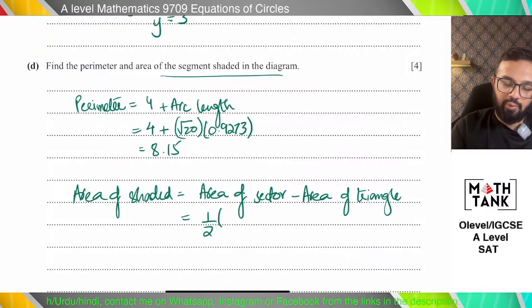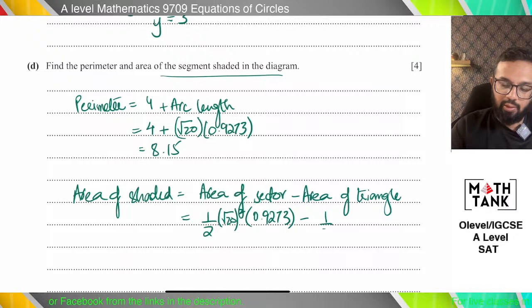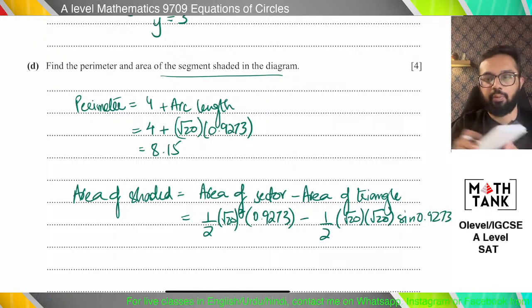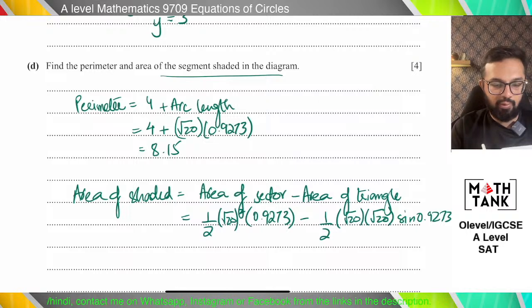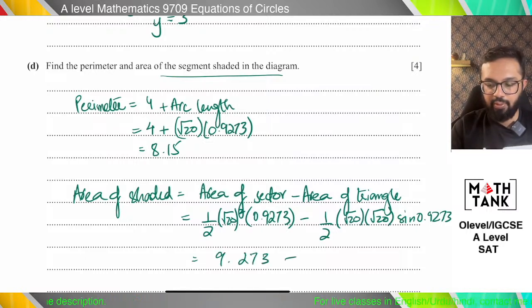Half r squared theta minus half AB sine of C. So that's half times 20 times 0.9273, minus half times 20 times sine of 0.9273.